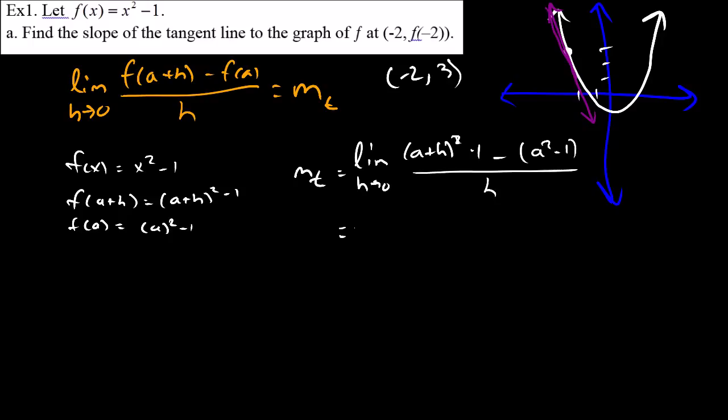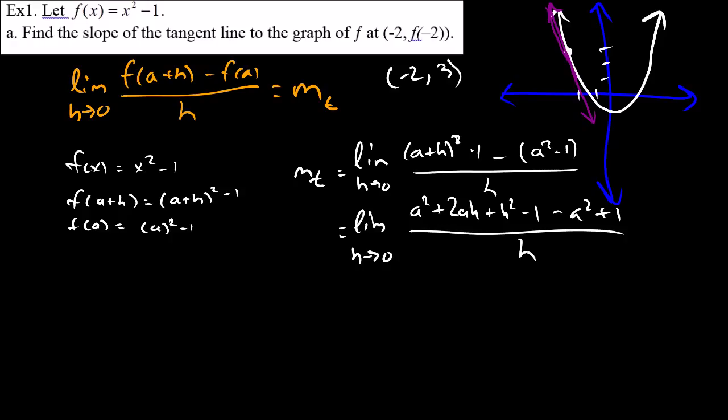Do some algebra here, keep the limits going. We have a squared plus 2ah plus h squared minus 1 minus a squared plus 1, and that's all over h.